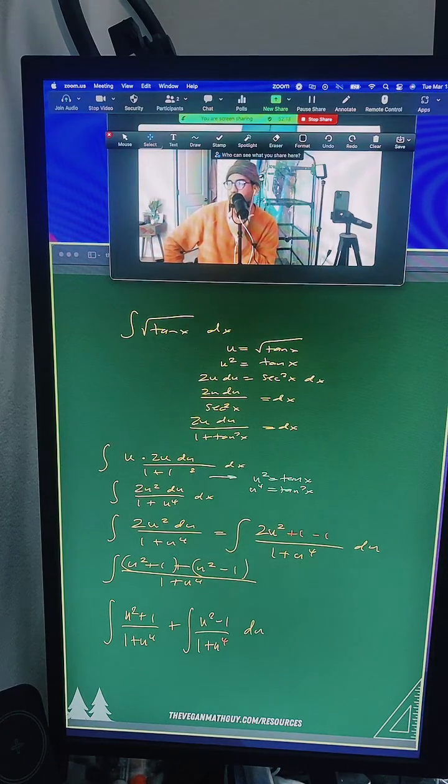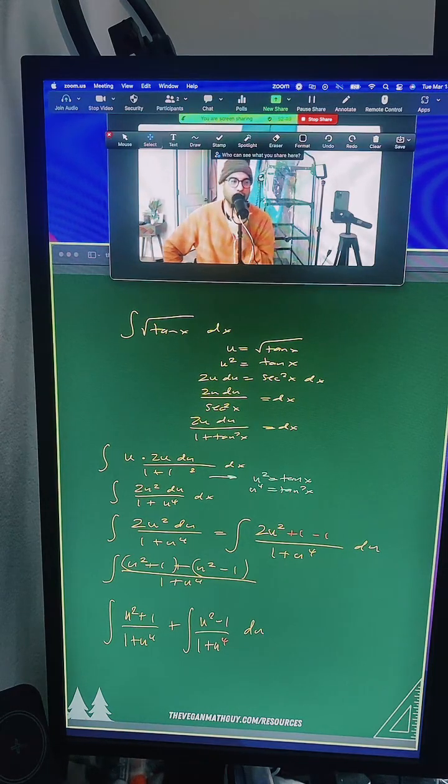Before that, let me just read this last comment. Transform the 1 as 1 over u to the 4th over 1 over u to the 4th. Can you do that? Transform the 1. Okay. Transform the u squared as 1 over u to the 4th over 1 over u to the 4th.